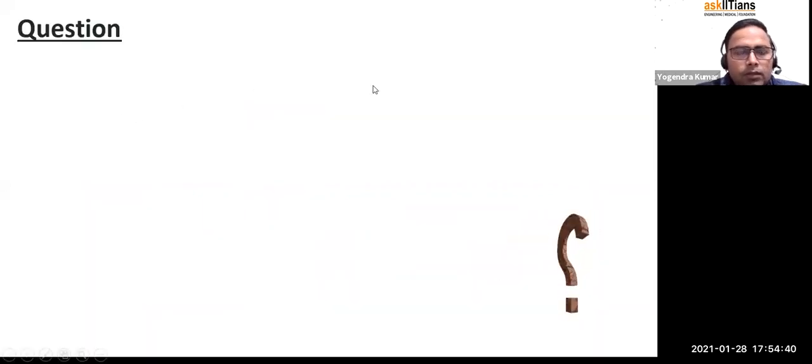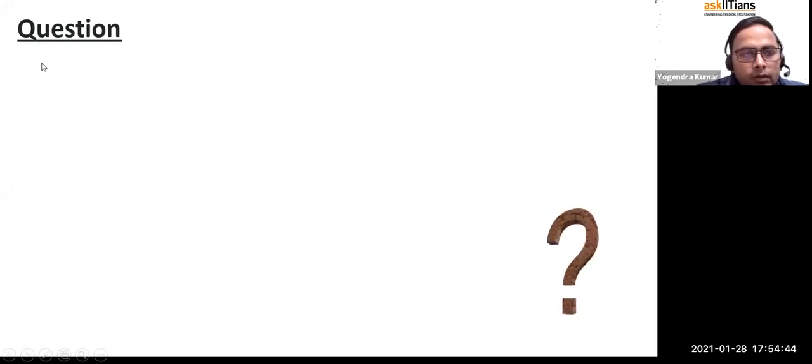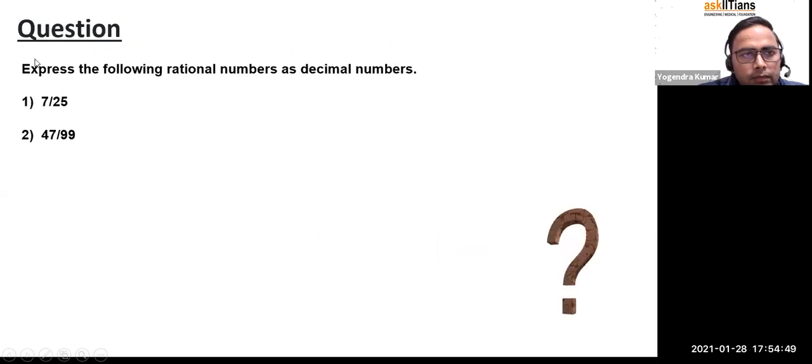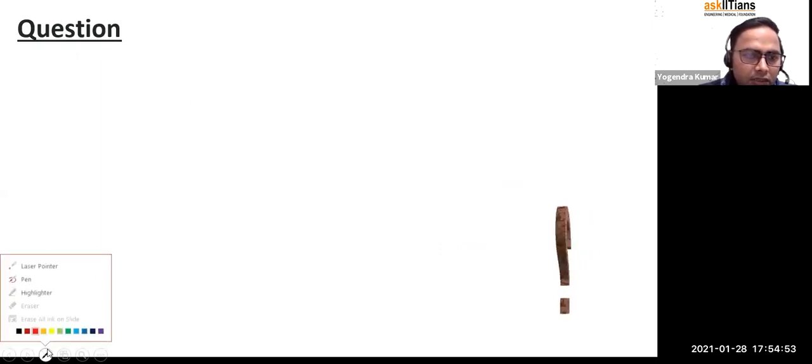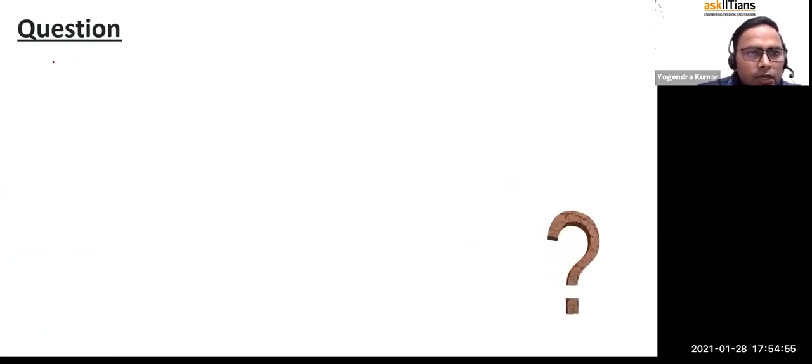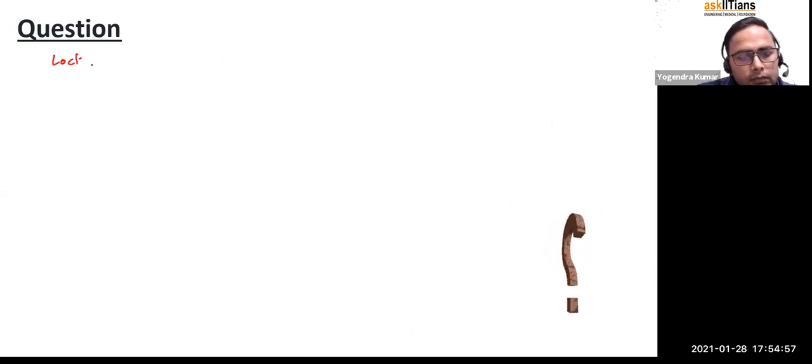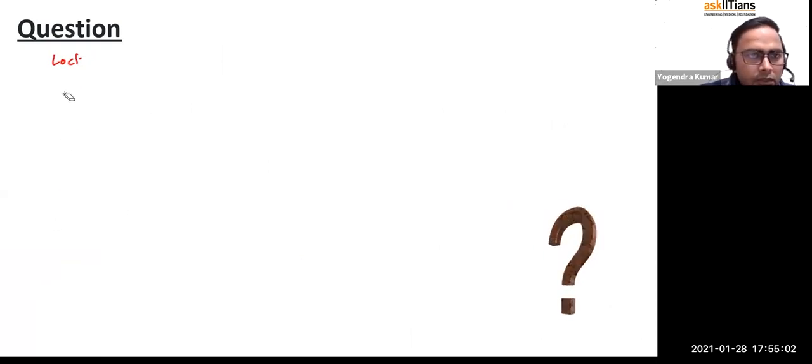Okay, so let's do it here. We want to show, as we have seen last class, representation, locating, what should be the topic name here? Locating irrational numbers on the number line.